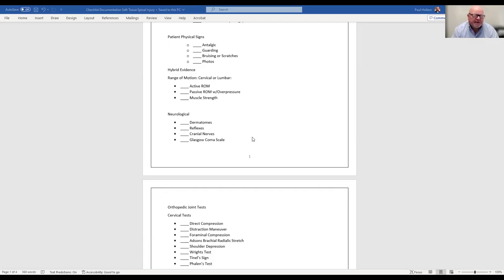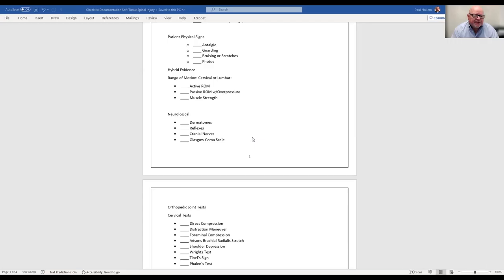Same with reflexes. They can be slightly aberrant or initially maybe more sensitive. But remember, what matters is that MMI. That's what matters is MMI. So I don't think so. In my experience, I don't think you're going to see dermatome or reflex issue here or a cranial nerve issue here. I don't think you are.